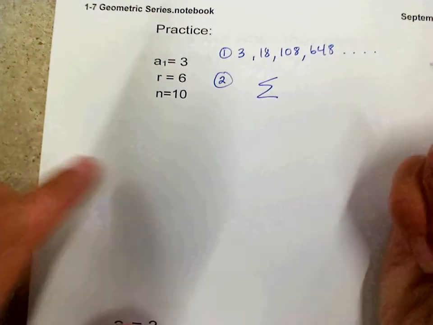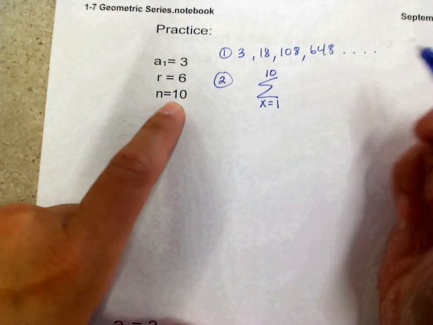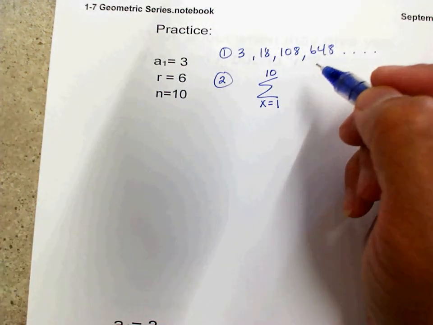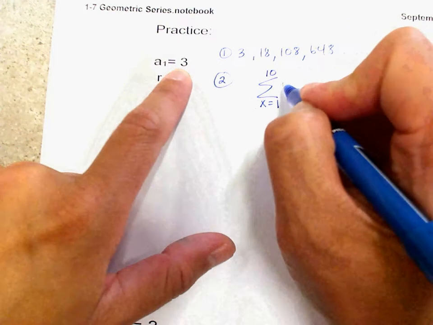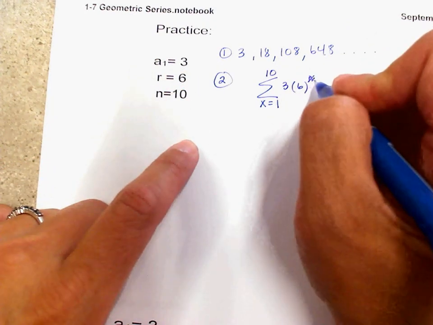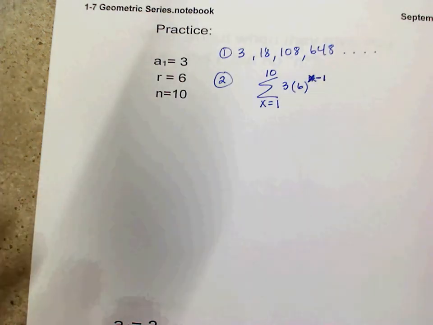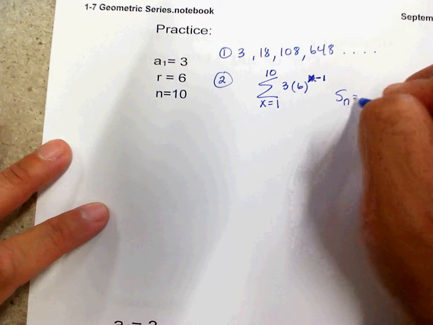X equals 1. I'm going to count all the way to 10. Your explicit formula is your first term times your r raised to the x minus 1, or n minus 1, your choice. Okay? Type that into your calculator, just like so.